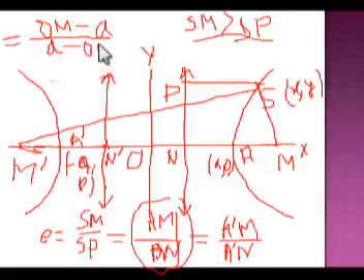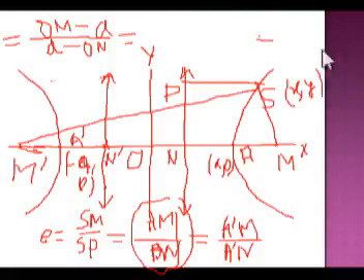Now from the last, what will we get? I'm erasing this. From the last we will get A prime M. A prime M, this distance, will be expressed as OA prime, which is A, this distance, plus OM.